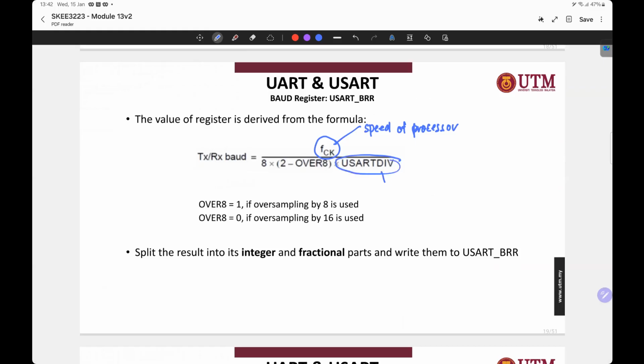What is the baud rate that you're going to use? Is it 9,600, or 12,000, or depending on the baud rate that you're going to use?